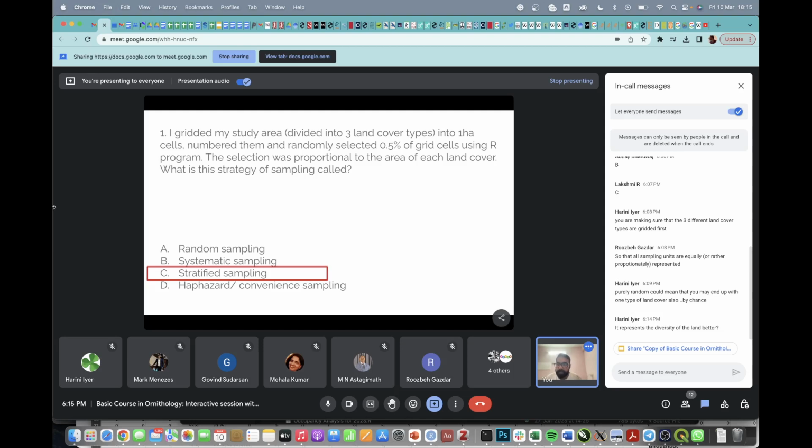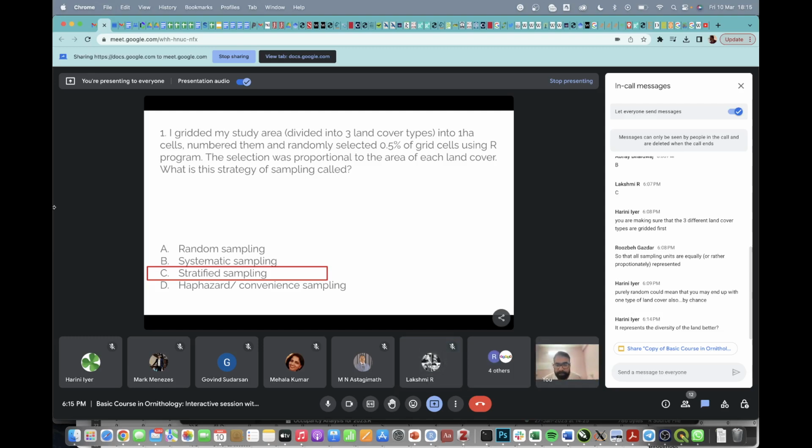Basically, we keep sampling in both these strata until the species area curve flattens, and that's when you know you have sampled almost all the species. You must know the species area curve by now, right? Yes, sir.